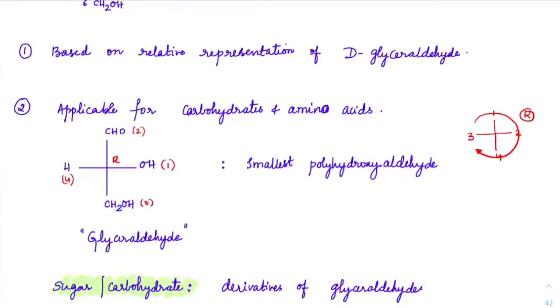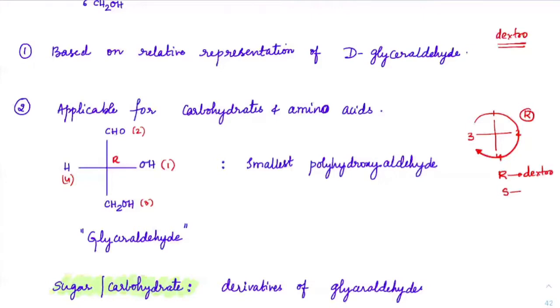If you have a single chiral center, everybody listen to this carefully. If you have a single chiral center, then if you observe its rotation in the polarimeter, it would make a clockwise rotation, which means it will make dextro rotation. Is this clear, everybody? So R will always complement dextro rotation, and this is only valid for which one? Single chiral center.